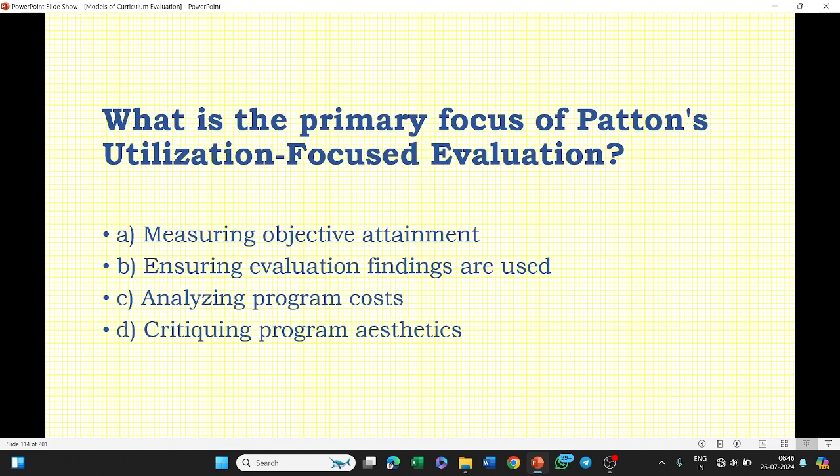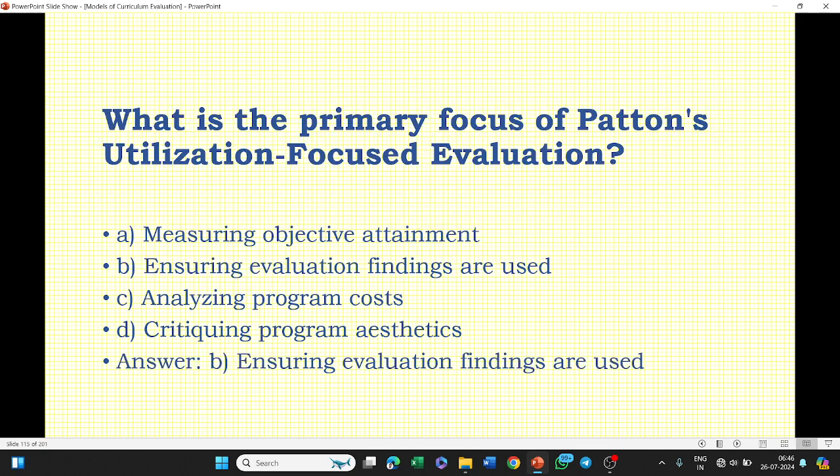Next, what is the primary focus of Patton's utilization focused evaluation? Options: measuring objective attainment, ensuring evaluation findings are used, analyzing program cost, critiquing program aesthetic. Answer of this question is option B, that is ensuring evaluation findings are used.